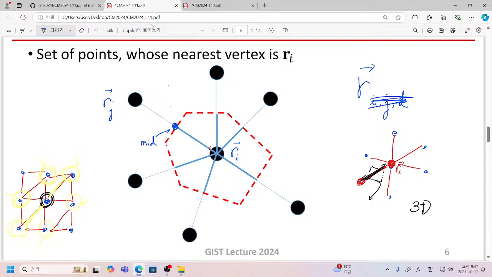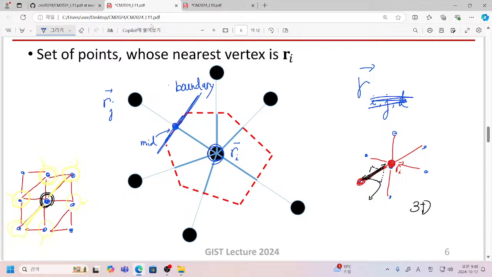If we consider a normal plane in 3D and a normal line in 2D, then that will be the boundary between Rj closeness and Ri closeness. Any point below this boundary will correspond to Ri closeness.